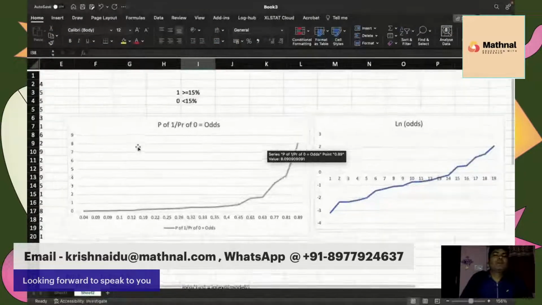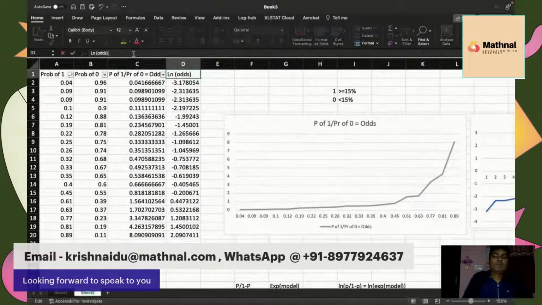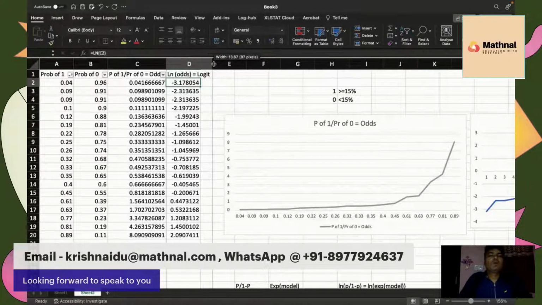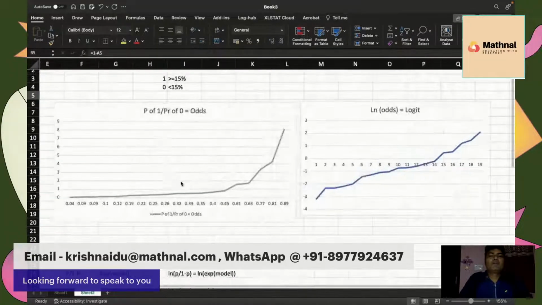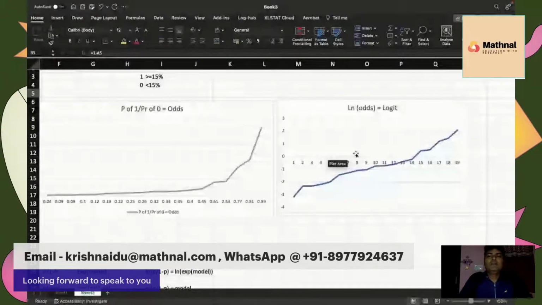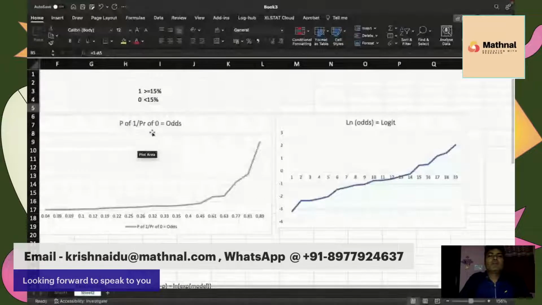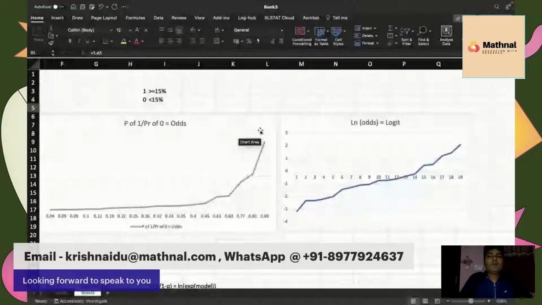This log natural odds is called logit. We're converting an exponential distribution into a linear distribution, and generally it is easy to work with a linear distribution. That is the reason we're taking the log of P by 1 minus P. P by 1 minus P is called odds.